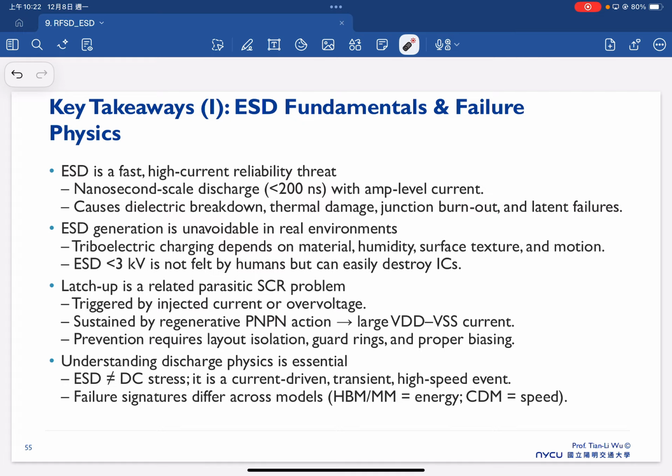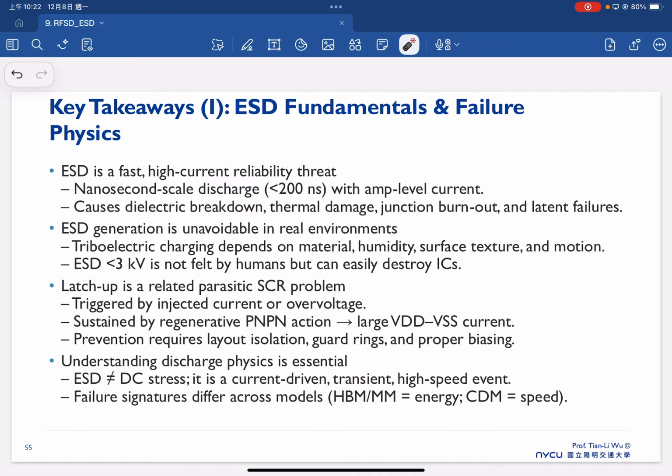Then we need certain isolation, guarding, or proper biasing to avoid this latchup. So understanding the discharge physics is essential, and ESD reliability is not equal to pure DC stress, because ESD is a combination of current driving, transient, and high-speed events. And the failure signature is different compared with the different models.